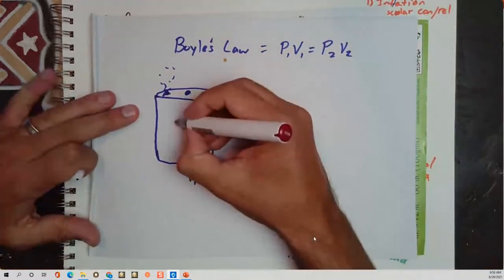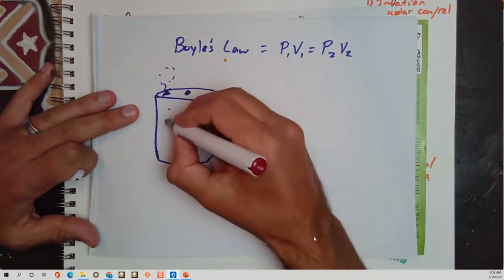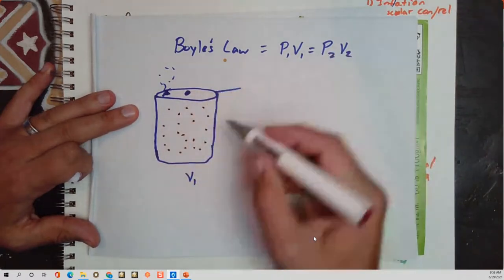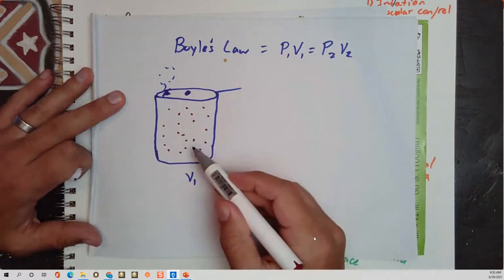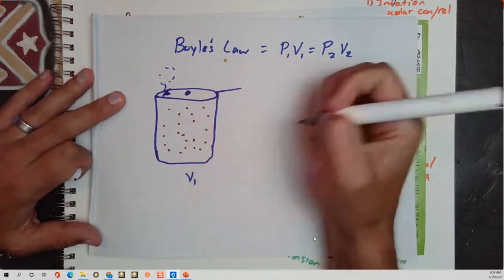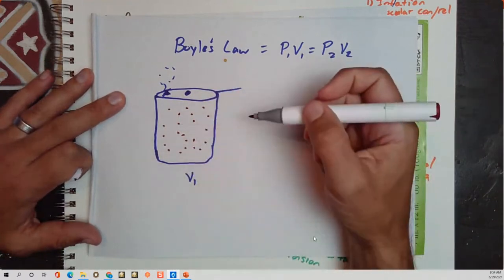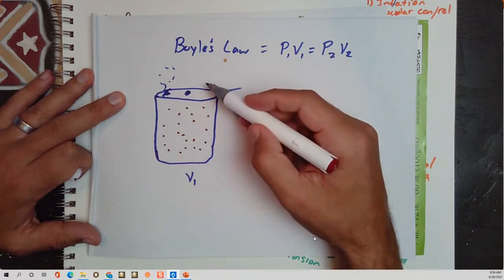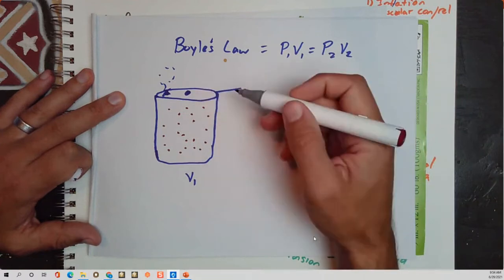Pressures are all about molecules. So if I have molecules inside of this pot, these molecules are exerting a very specific pressure because they have entropy and they're moving around. And they can't get out. They're completely trapped in here.